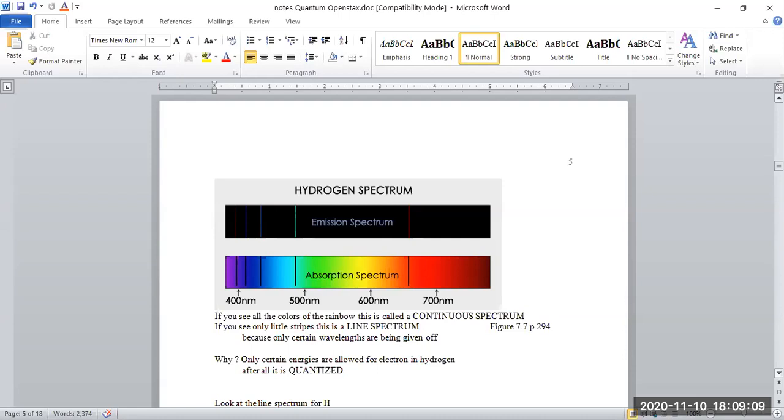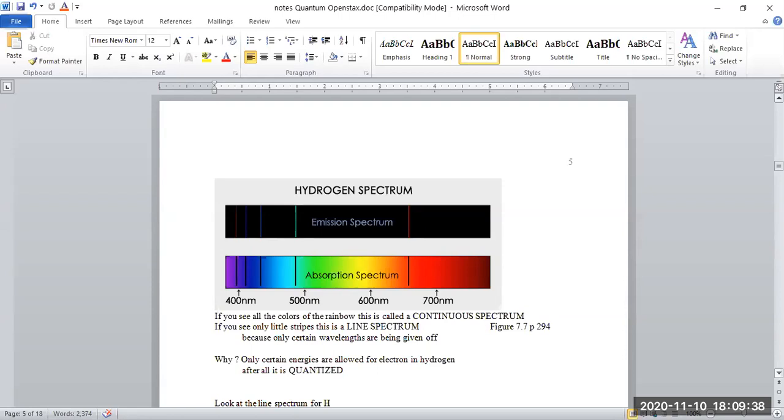All those little tiny thin stripes are called a line spectrum, which is different from the absorption spectrum. The absorption spectrum often is dark slices in a rainbow. Well, why do we have stripes? Why don't we just have the rainbow?